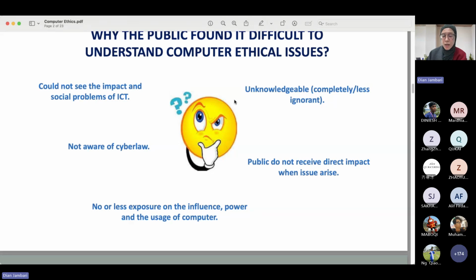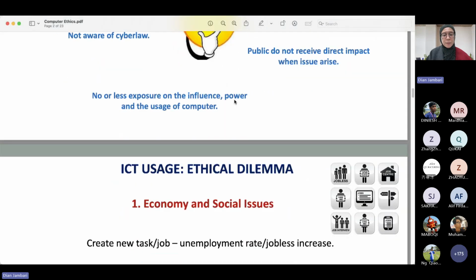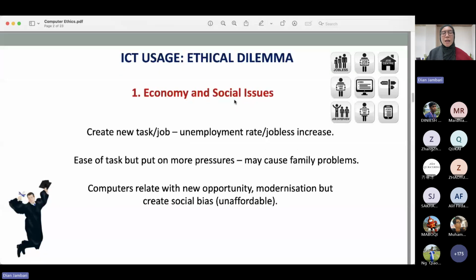And that creates difficulty for these people within the public community to make sure that they remain ethical in their use of computers or ICT. All right, so that is the general overview.